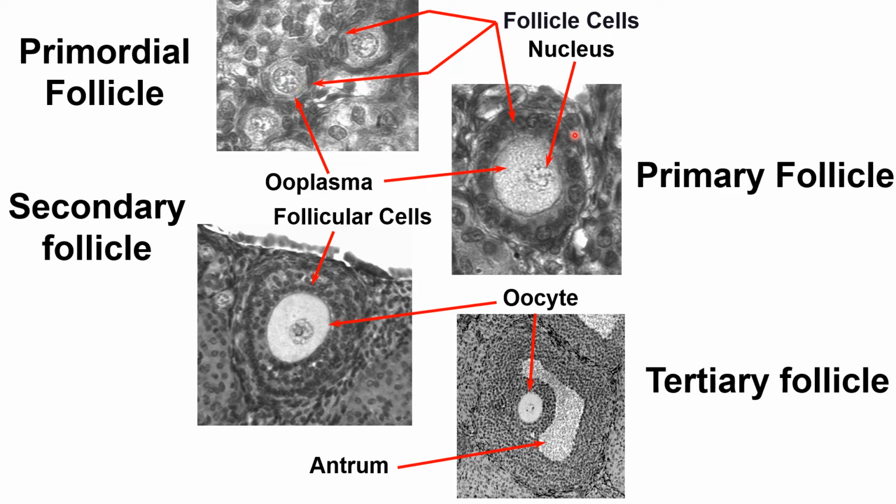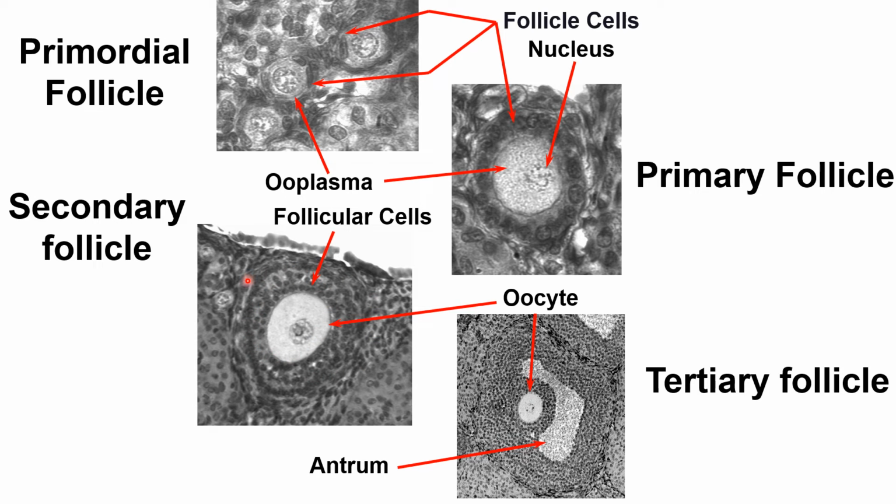For the primary follicle, these are follicle cells with one layer, but the follicle cells are cuboidal or square in shape. For the secondary follicles, it is composed of multiple layers of follicle cells.